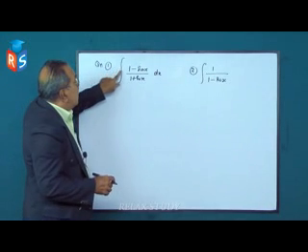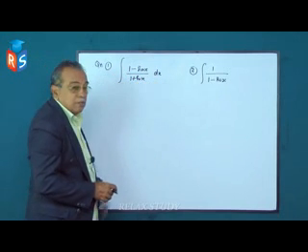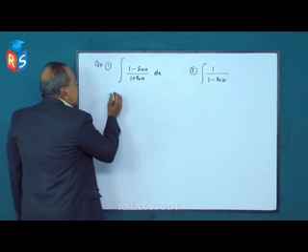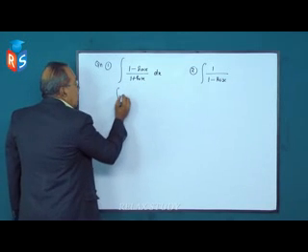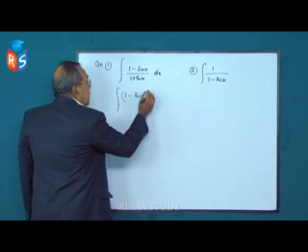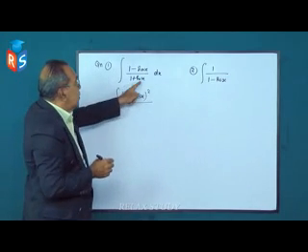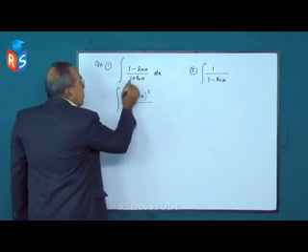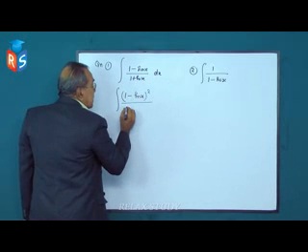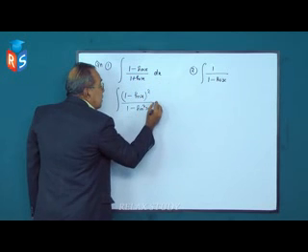Question. Integral of 1 minus sin x by 1 plus sin x dx. Here you write 1 minus sin x the whole square. Multiply the numerator and denominator by the conjugate of the denominator, that is 1 plus sin x into 1 minus sin x is equal to 1 minus sin squared x, dx.